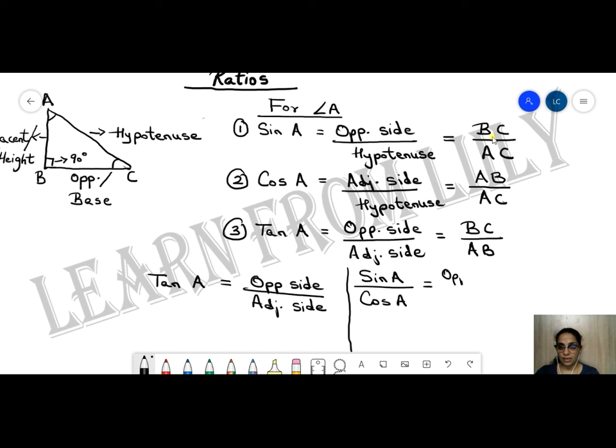So I am going to write it as opposite side upon hypotenuse. And upon, what is my cos A? Adjacent side upon hypotenuse. So let me write that, adjacent side upon hypotenuse. So both the denominators over here are the same. So I can cancel those denominators. And what do I get? I get opposite side upon adjacent side. But what is that? Opposite side upon adjacent side is nothing but tan A.